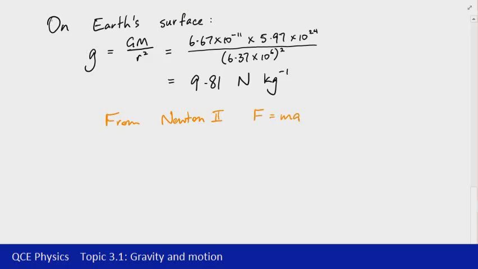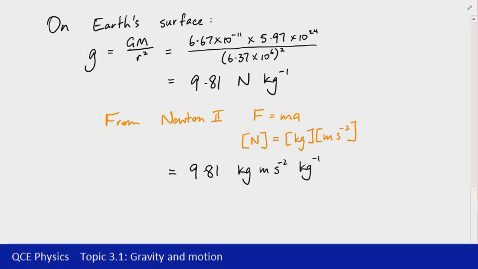If we consider the units, force is measured in newtons, mass is measured in kilograms, and acceleration is measured in meters per second squared. So really, newtons are kilogram meters per second squared. So in that line above, we can indicate that it's actually equal to 9.81 kilogram meters per second squared per kilo. So just making that substitution for newtons.